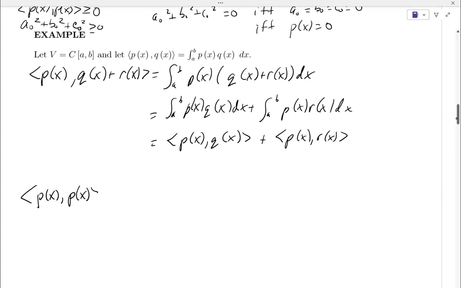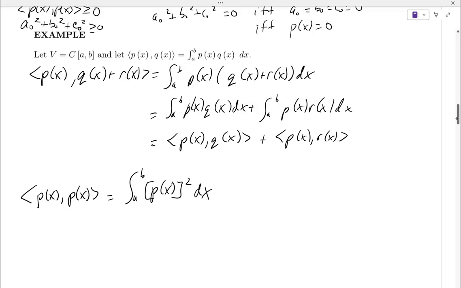If we do the inner product with itself, that's the inner product with itself. How do I know that that's non-negative? Yeah, the square, right?